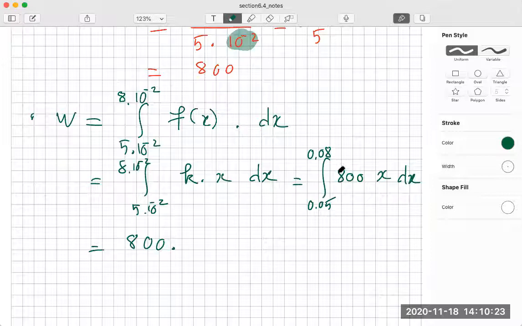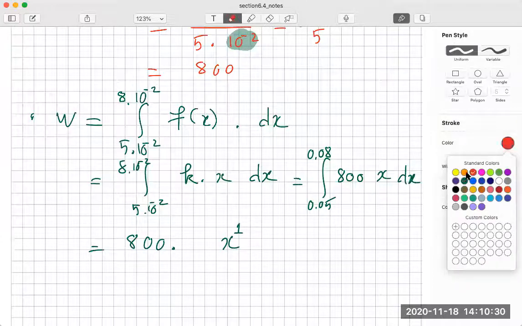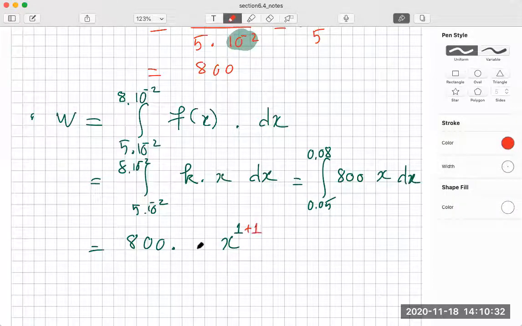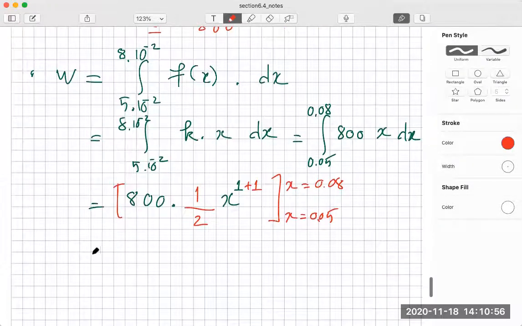So the antiderivative of x is x squared over 2, and we're evaluating this from x equal to 0.05 to x equal to 0.08, right? Go home and compute it.